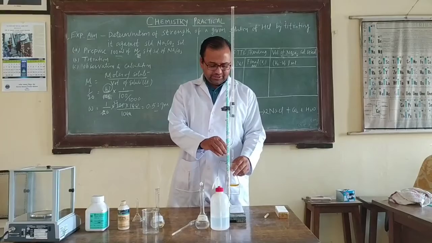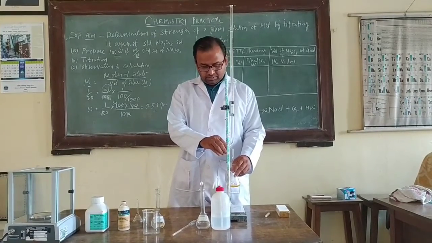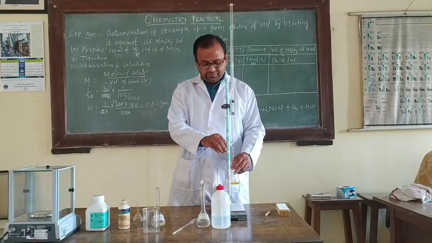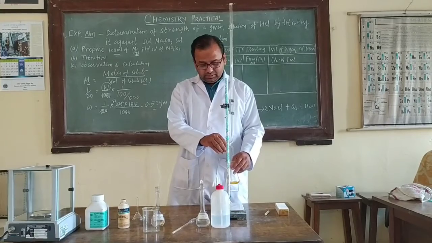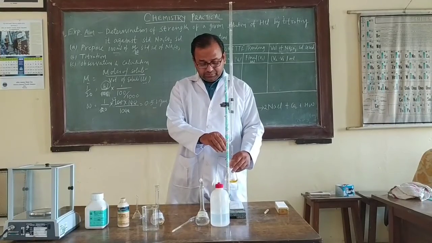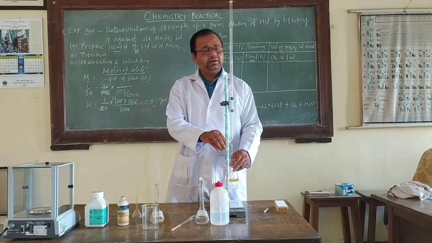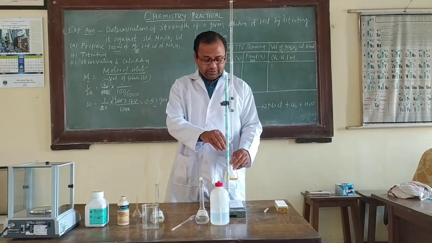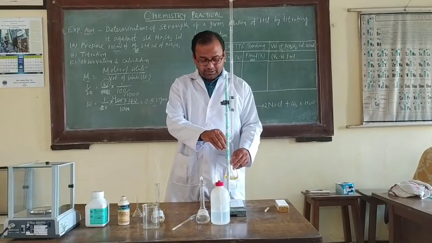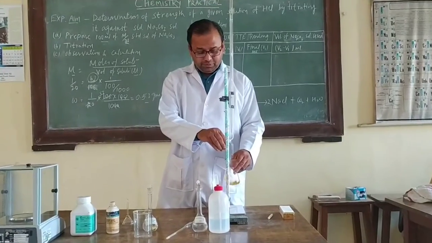So we start titration by adding the HCl solution drop by drop, and we continuously shake the conical flask while pouring the solution from the burette.